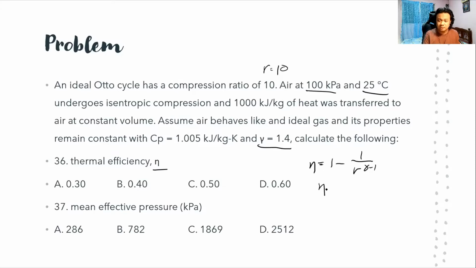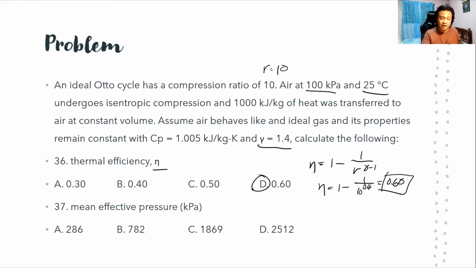Okay, so eta is 1 minus 1 over 10, our R, to the power 1.4 minus 1, because we have gamma of 1.4 minus 1, 0.4 na lang ang natira. And then if you calculate that, I will get 0.6020 as the answer.